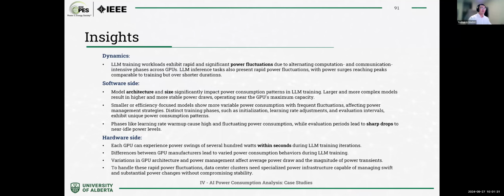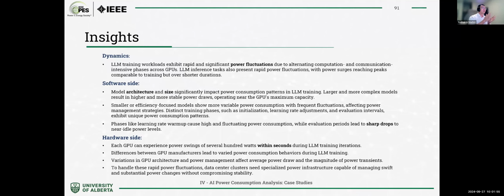The power surge almost reaches the peak of the hardware. For inference, fine-tuning, and training, they can all reach peak power consumption, but they demonstrate totally different spectrum features.